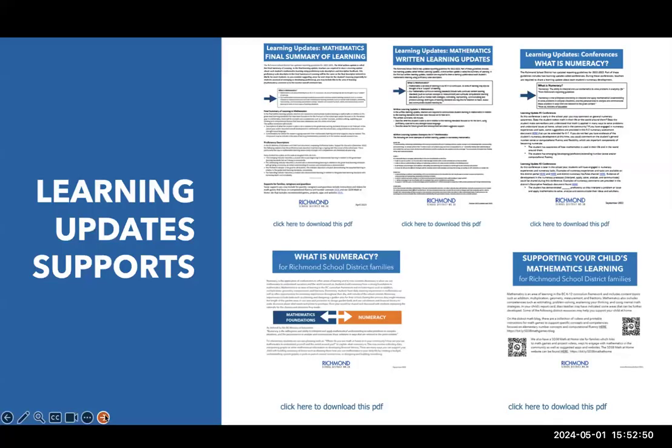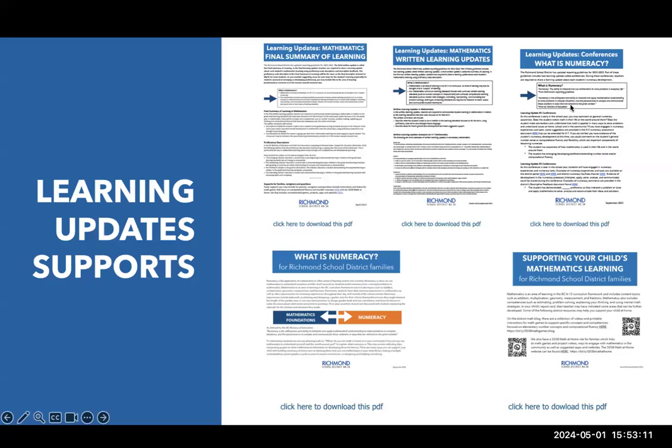Also on the portal are assessment and reporting supports for educators. As we come to the final summary of learning in June, suggestions for how to frame your report card comments, what potential descriptive feedback could look like, what next steps could look like. There's another one for written learning updates during the year.